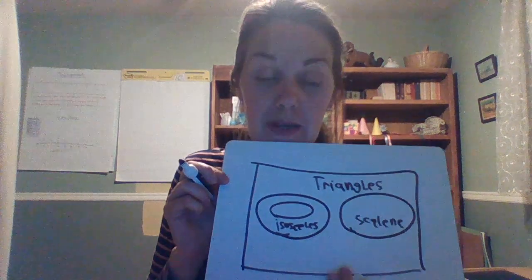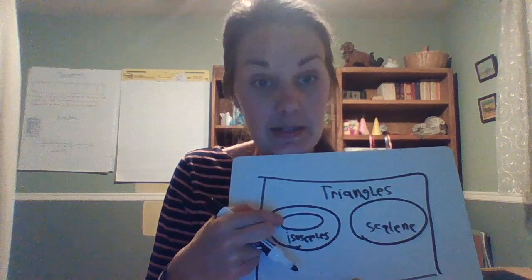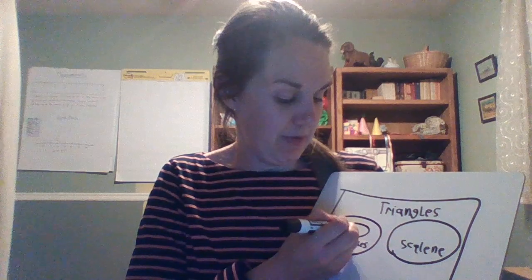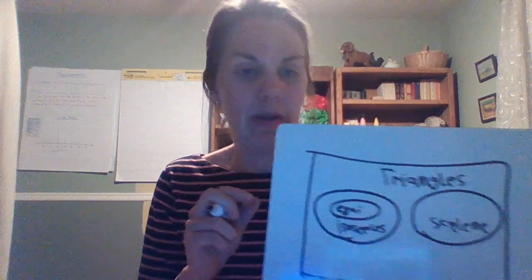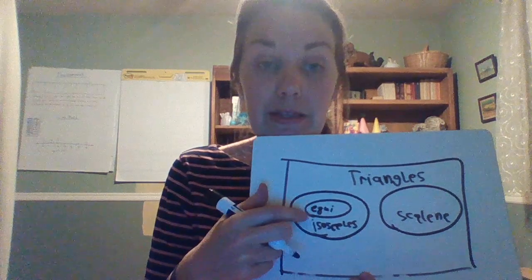Those are separate because remember they don't share any attributes. And then embedded in isosceles, we have equilateral triangles. I can't fit it in there. That's embedded in there. So same principle, just a different way of displaying that information.